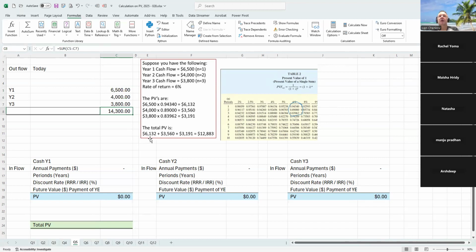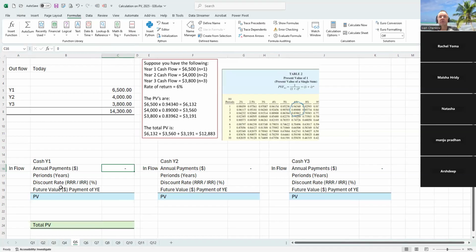The question is, how much are they worth today if we require a 6% return? So let's get rid of this first one. Now, there will be no annual payment. Why? Because those payments don't repeat year after year. So what we're going to get is the future value of the payment at the end of the year.